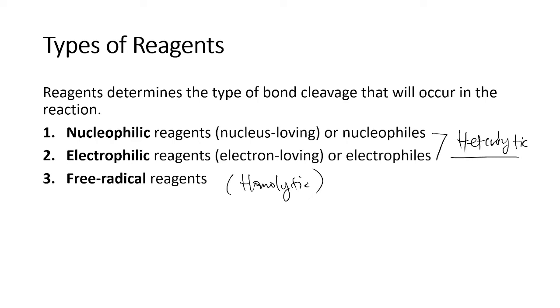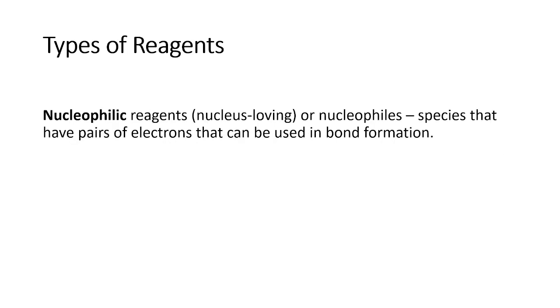So first, let's identify the first reagent, which is the nucleophilic reagent. So nucleophilic reagents or nucleophiles are actually species that have pairs of electrons that can be used in bond formation. So basically, when we talk about nucleophilic reagents, these are reagents that have a lot of electrons. So due to this abundance of electrons, they are looking for, yung sinasabi nga natin dati, opposite attracts.